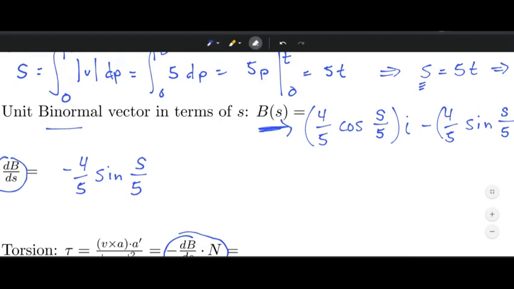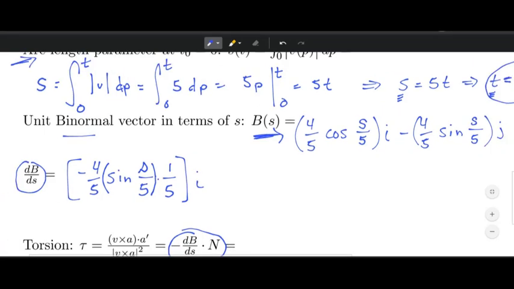Actually, let me make my s look a little different because it's going to look like a 5 if I keep going. You do need the chain rule, so that's what I'm saying to be careful about. The derivative of the inside, s over 5, is 1/5. So times 1/5. Let me make that pretty clear: the sine is of s over 5, and then the chain rule is the times 1/5. And all of that is the I component.